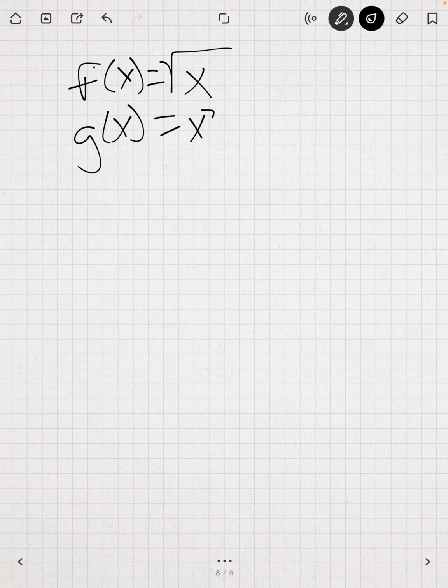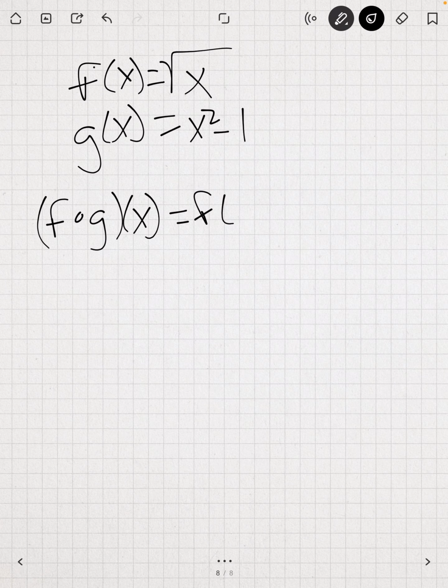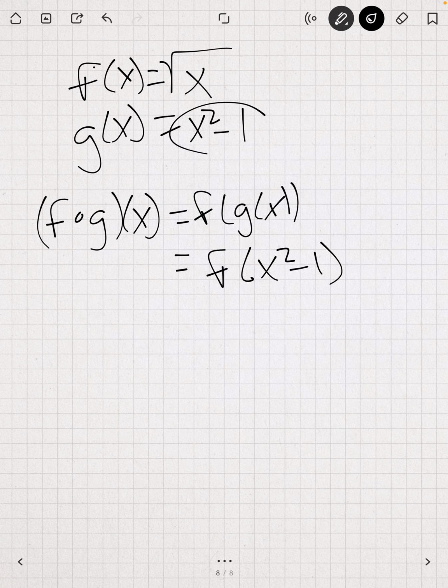We have f of x equals the square root of x, and g of x equals x squared minus 1. f composed with g of x is f of g of x. That's f of x squared minus 1. So what we can do is take that and substitute it in for every x.